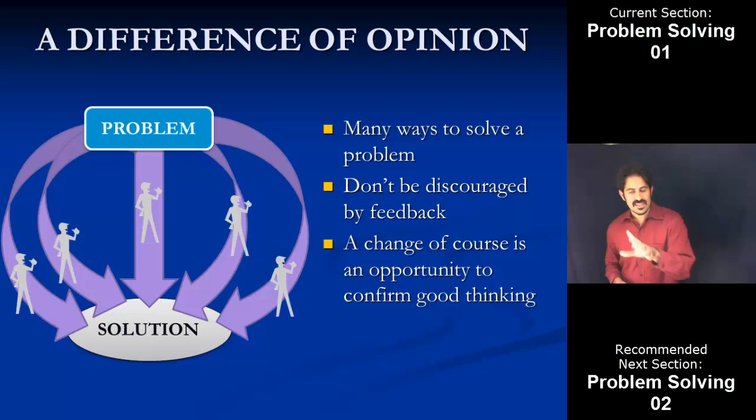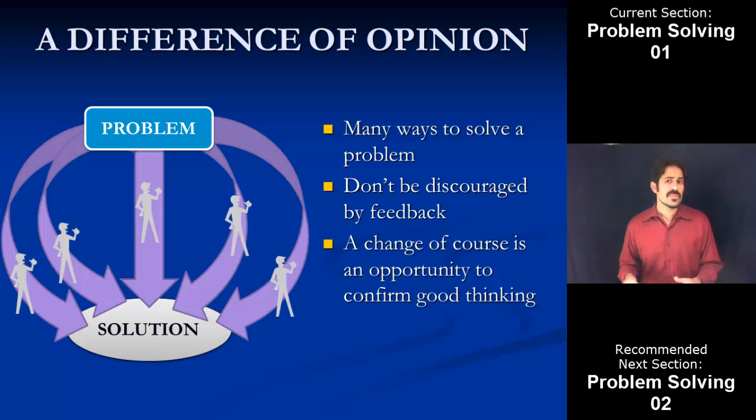And then the last thing I put down at the bottom: when we actually get into solving real problems, and especially in the real world with big problems, it can be very difficult, and there's a lot of rabbit holes and cans of worms, and you can end up in left field and right field. So I always like to reinforce for the people I'm working with that if you have to make a change of course in how you're solving a problem, say you thought the answer was going to be over here, you get there and realize it's not, it's not a bad thing that we checked that and we were wrong.